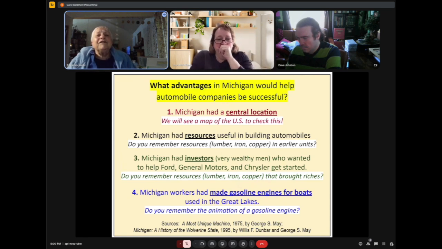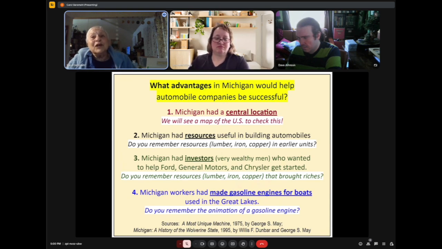Really, really important is number three. Michigan had very wealthy men. We call them investors. They had made money in lumbering. Remember lumbering? They had made money in iron and copper mining and manufacturing. And they had all this money. And they thought, you know, these young companies, Ford, General Motors, and Chrysler, may be a good place to put our money.